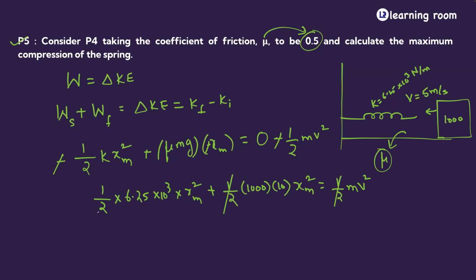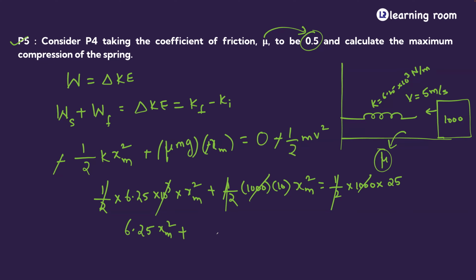Here also you have mass to be 1000, no? So it is half into 1000 into v square, which is 25. So half will get cancelled and 10 power 3 will get cancelled. Am I right?